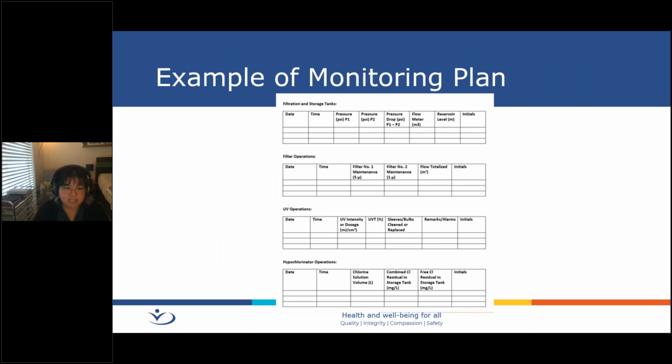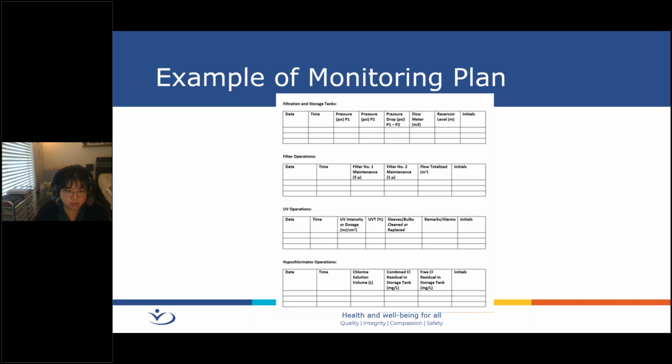And here is just an example of the monitoring plan. It might be a little bit small to see, but at the top we have filtration and storage tanks information. So if you have filtration and storage tanks as part of your system, you may want to include this as part of your monitoring plan. You would include the date and time of the visit when you check the pressure, and you would indicate the pressure noted.